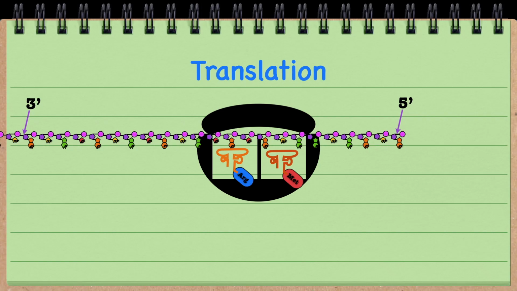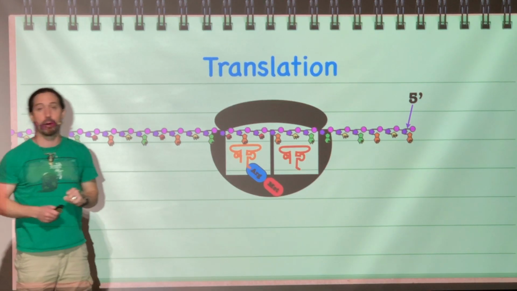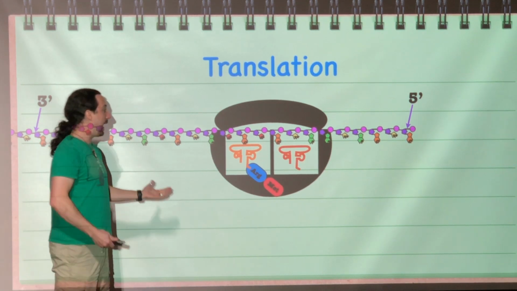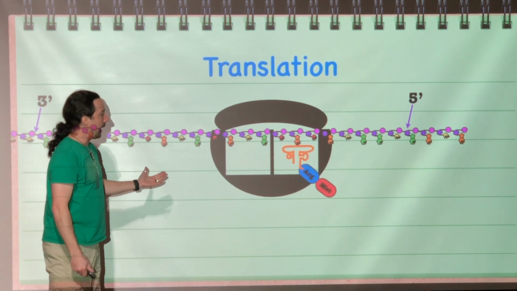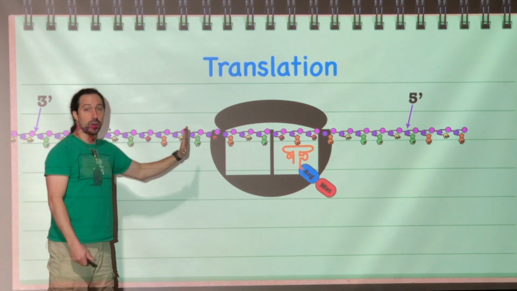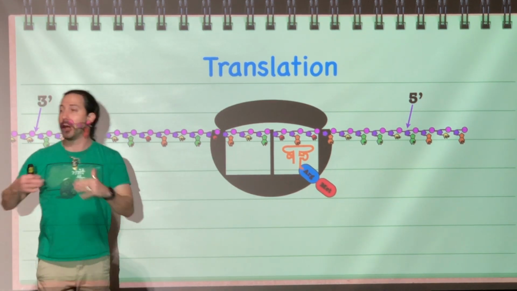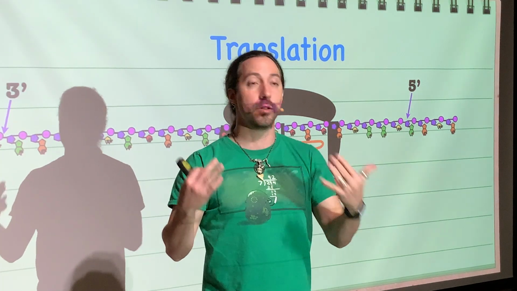The methionine will leave its tRNA and bond to the arginine. Now we have formed our peptide bond between those two different amino acids. The free tRNA will exit the ribosome, and the ribosome will shift along the mRNA one frame, or one codon, a set of 3 nucleotides.